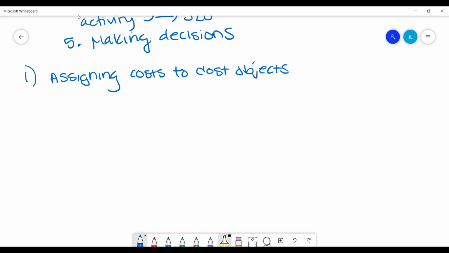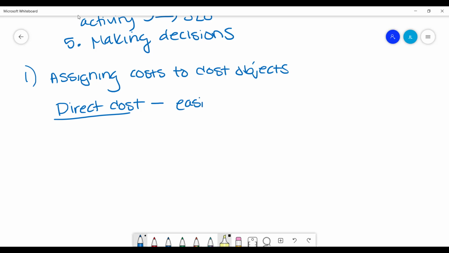Okay. So when it comes to assigning costs to cost objects, there's going to be 2 main categories. Either a cost is going to be direct or it's going to be indirect. A direct cost is a cost that can be easily and conveniently traced to a unit of product or some other cost object.